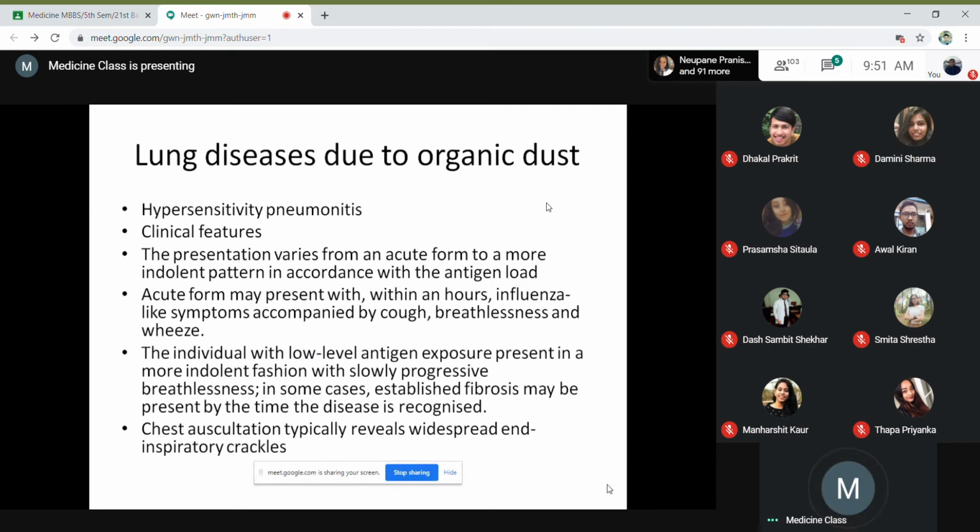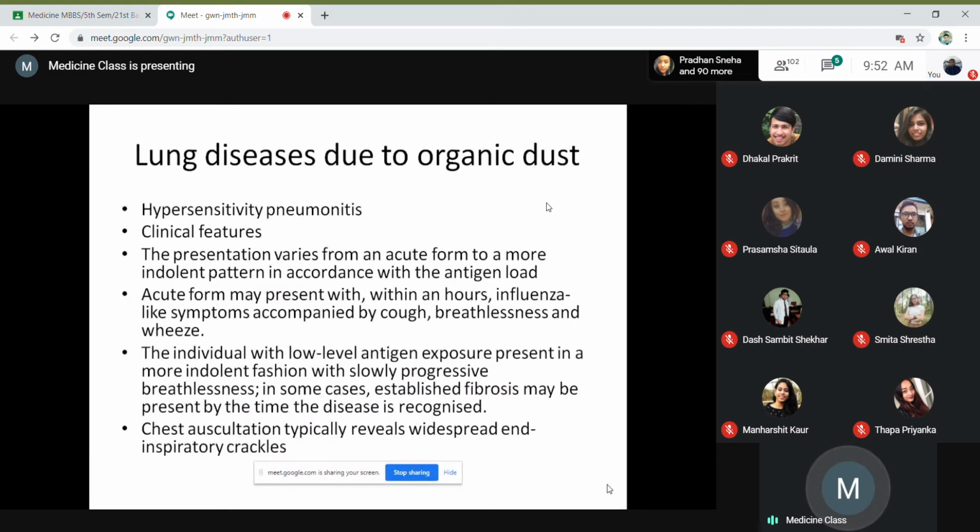The acute form may present within an hour with influenza-like symptoms accompanied by cough, breathlessness, and wheeze. If the patient is exposed to a large amount of antigen, the patient may present with acute symptoms of cough, breathlessness, and wheezes.